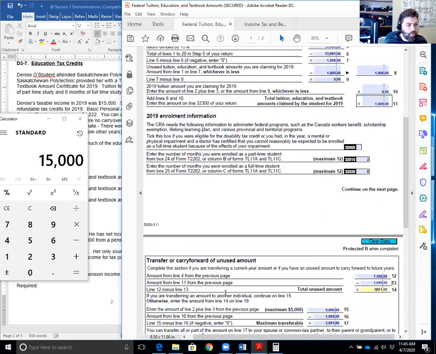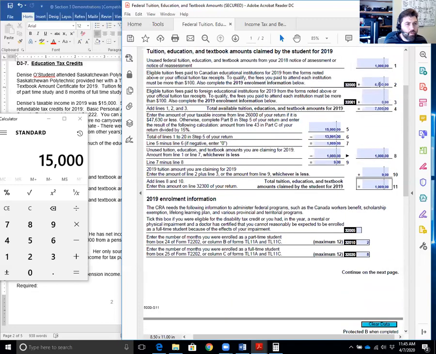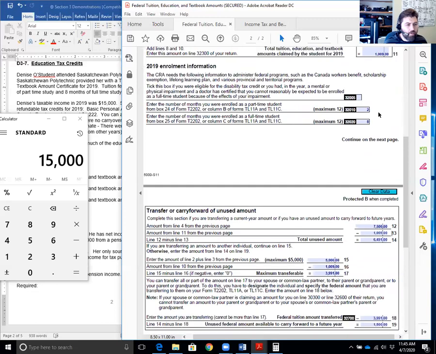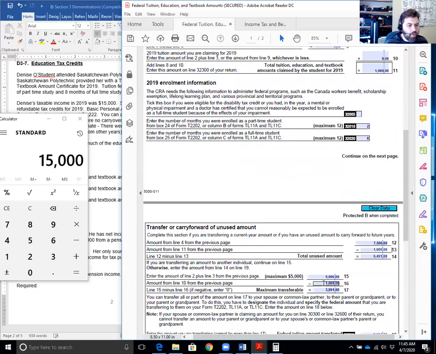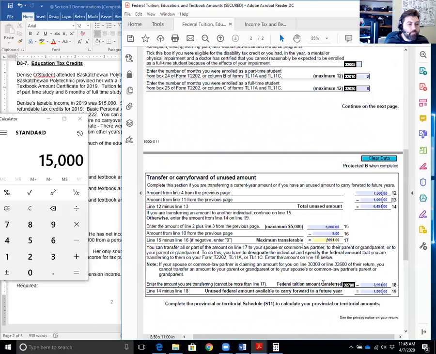But the maximum's 5,000. So we can't put 6,500. Amount from line 10 from the previous page, 9. Oh, okay, well that changes. We no longer have 1,009 there anymore. We only have 9. And the amount that we can transfer is 4,991.00.